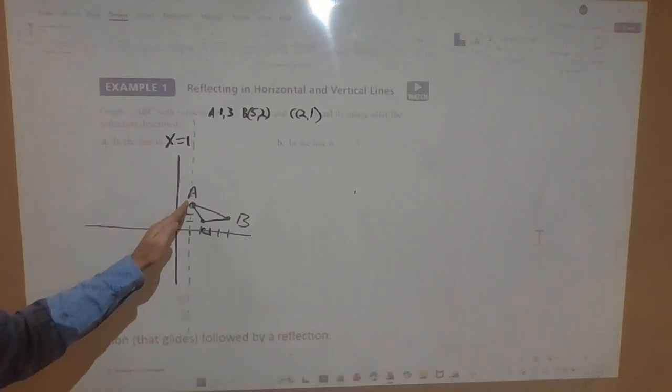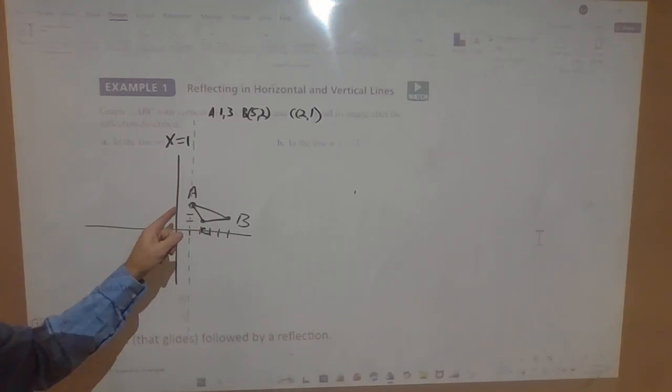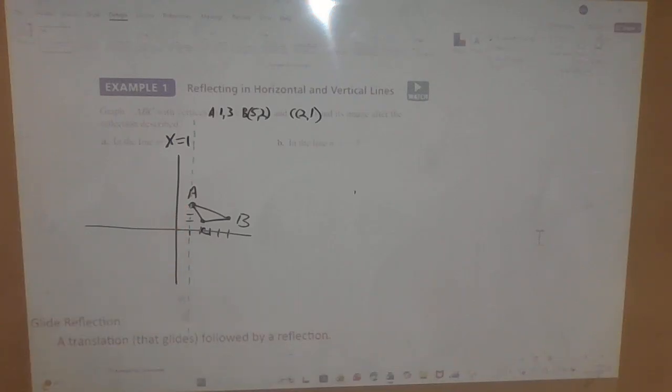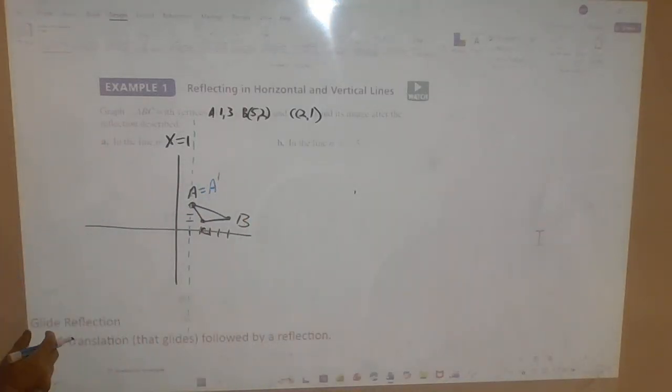Now, we want to first look at point A. How far is point A from this line of reflection? It's actually right on it. So the distance away is 0, which means when we reflect it, that point's not going to move. So A is equal to A prime.